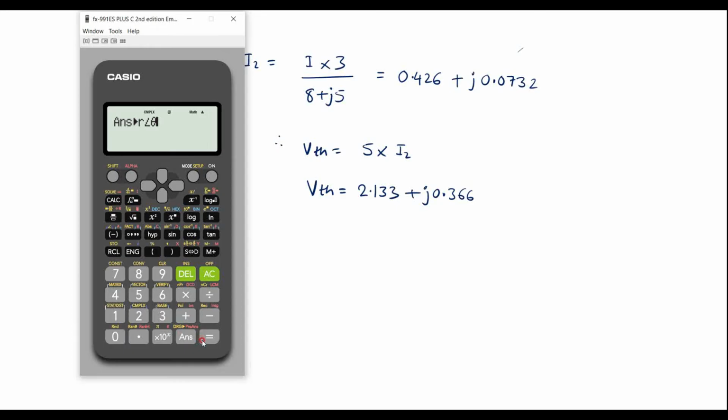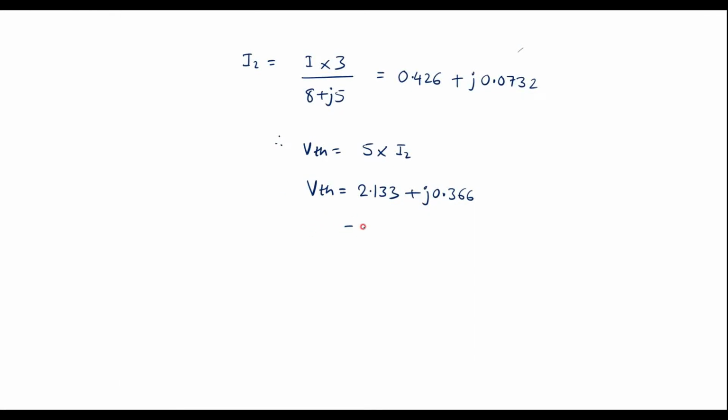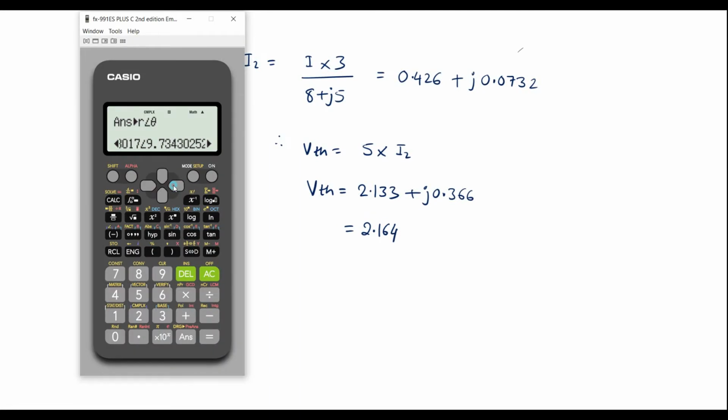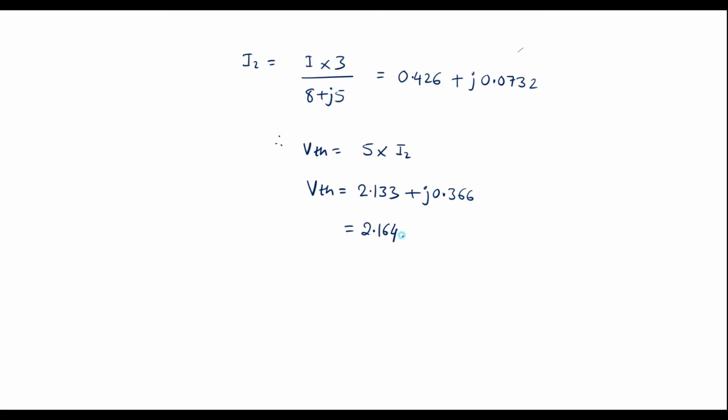So press 3 is equal to, it gives the equivalent polar value, that is 2.164 at an angle of 9.73 degrees. So this is VTH.